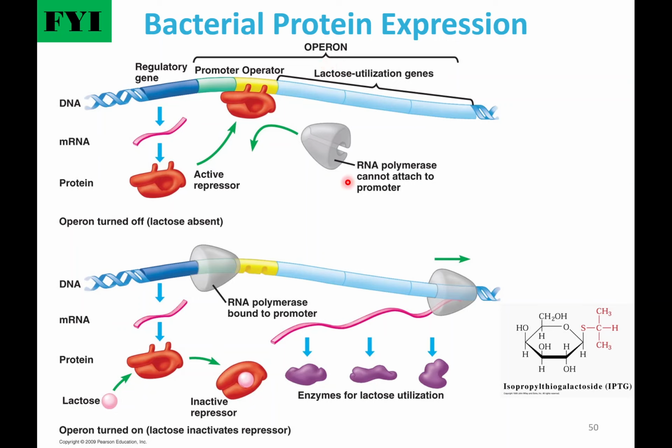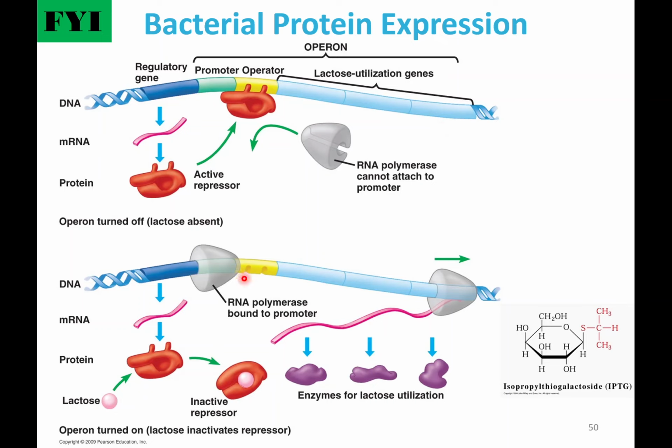Okay, and so your RNA polymerase can't attach to the promoter because you have a repressor that is bound to that site before the promoter. Okay, so you have a gene that makes this protein that binds to the operator, and it represses it. Okay, so you can't get transcription of your genes.